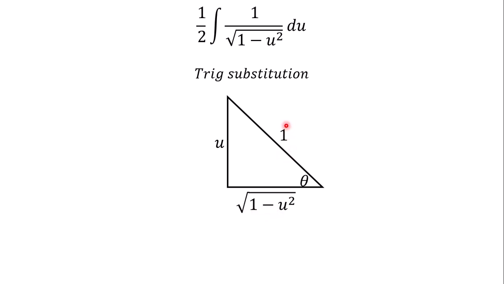So when we get back to this integral that we are solving, we will not bother ourselves replacing sine theta here, because the whole of this is just cos theta, and it can be seen from here that cos theta is equal to this side over this side, which will give us this. Also, if we substitute sine theta into this one, compute, and find the square root, we are still going to get the same cos theta.